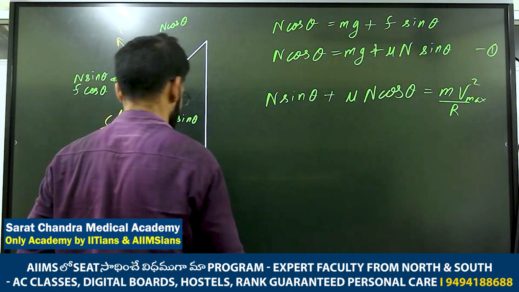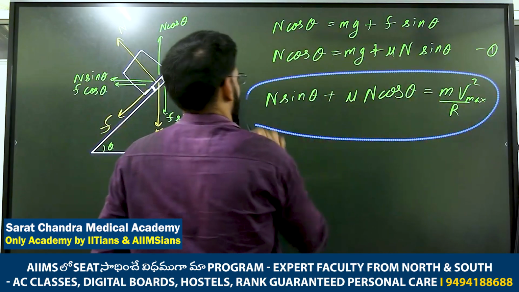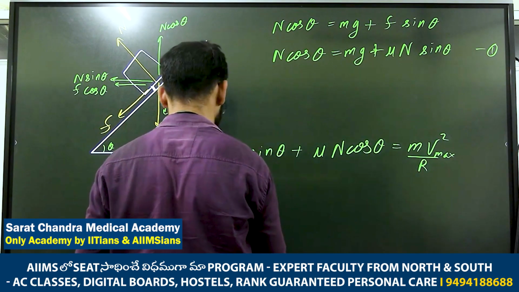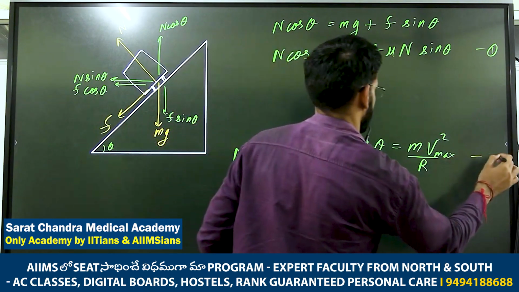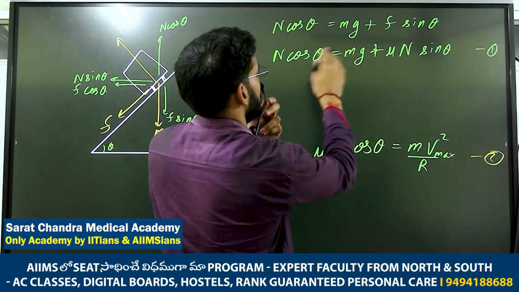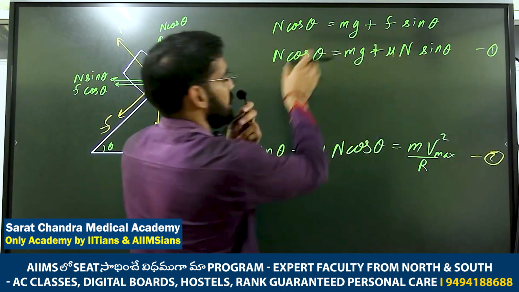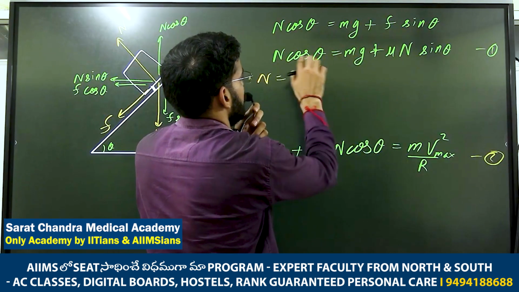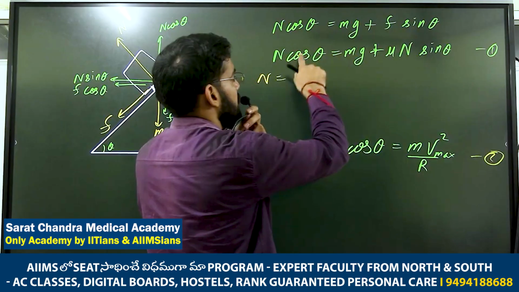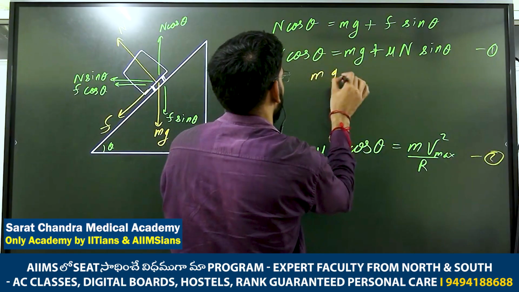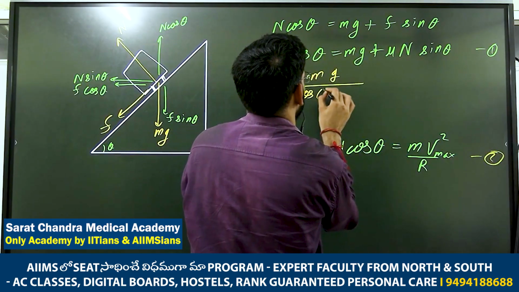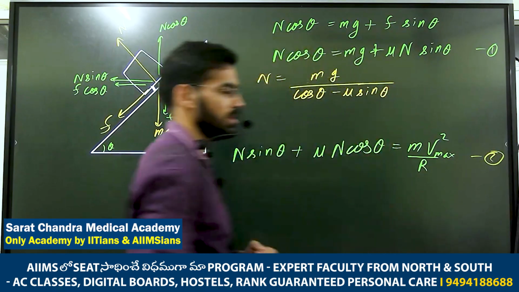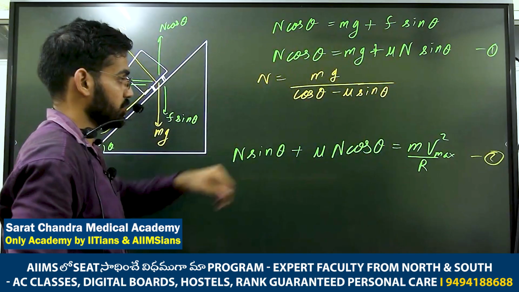See, let me put. This is equation 1. This is equation 2. So let's solve first here. What you do is you bring this N this side. So N will come what? Cos theta minus mu sin theta, and then take it that side. So mg divided by cos theta minus mu sin theta. This came. Okay, this normal value you put here.